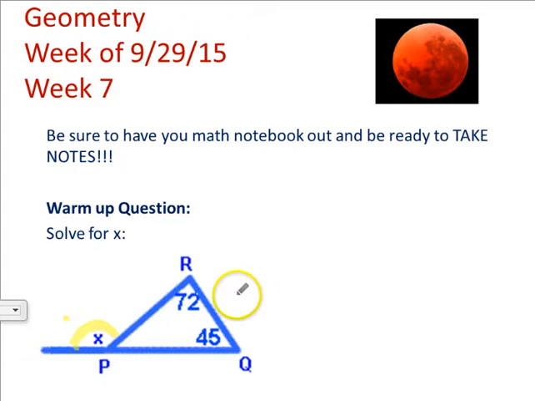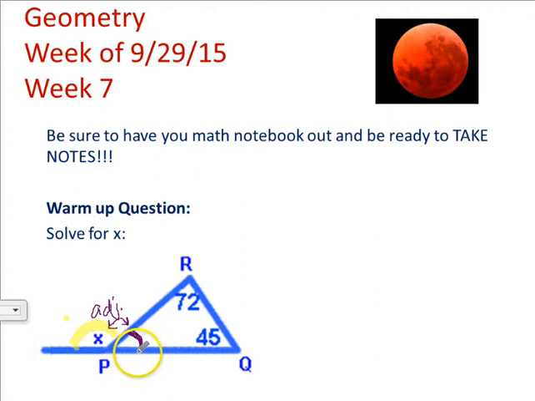All right, so last week we learned about the exterior angle theorem and the pattern that exists with two of the angles that are non-adjacent to that exterior angle in the triangle. So when I say non-adjacent to the exterior angle, this angle right here that I just labeled in purple, that is an angle that is adjacent to the exterior angle.